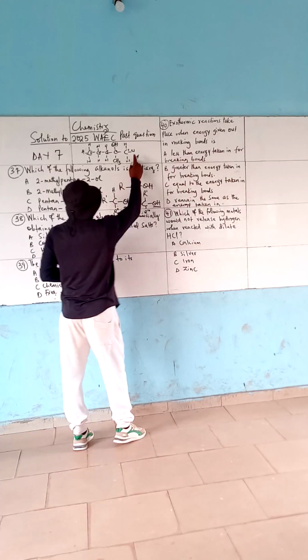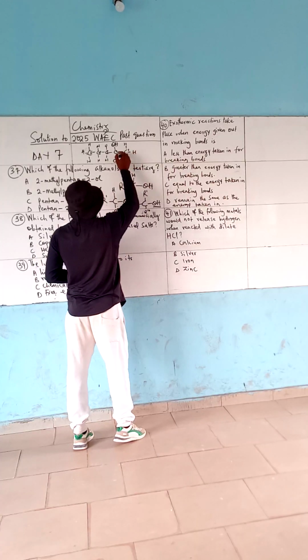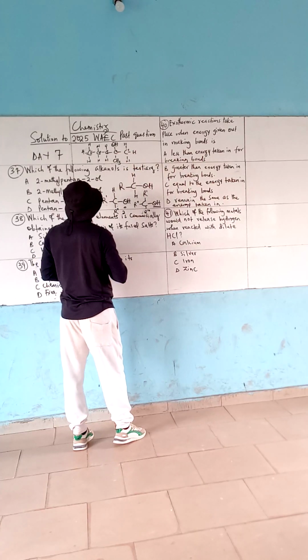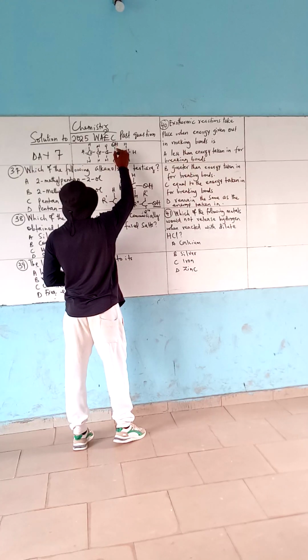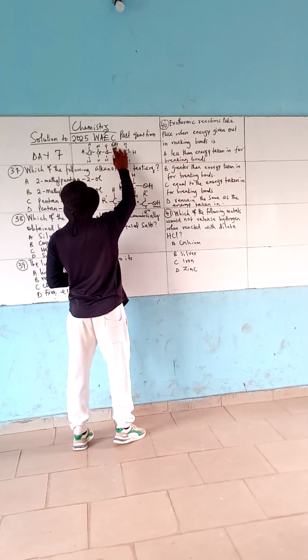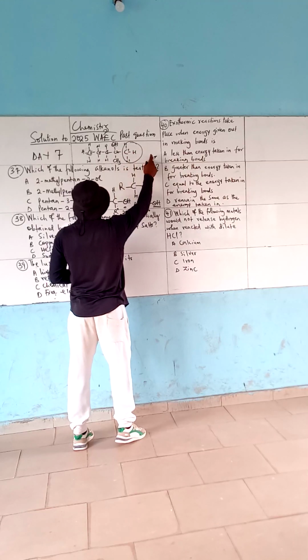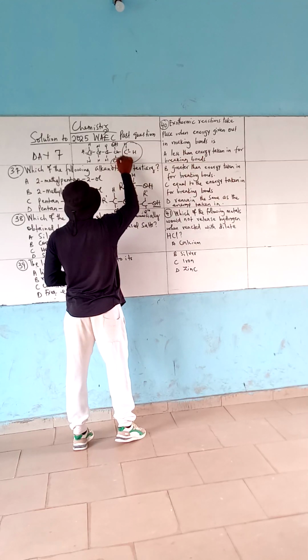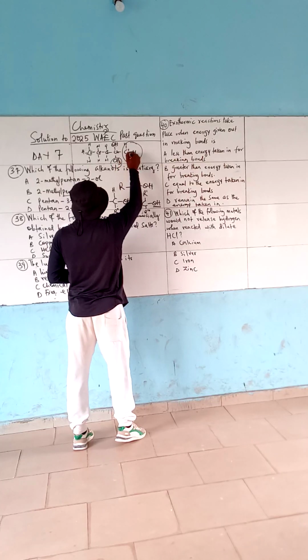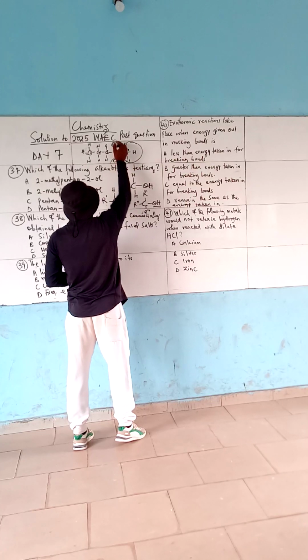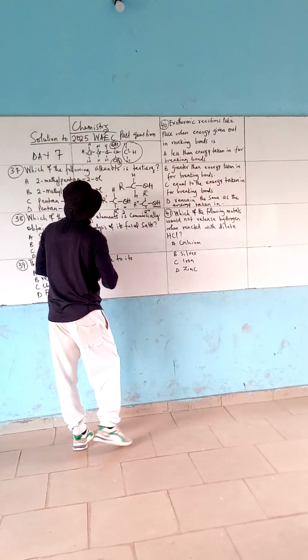If you check, carbon number 2 is the chiral carbon, the carbon atom bearing the functional group, and it has a substituent which is a methyl group. This is another substituent, also alkyl with CH3. Then this is another substituent, which is OH.